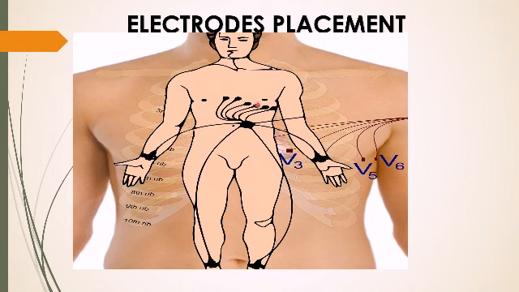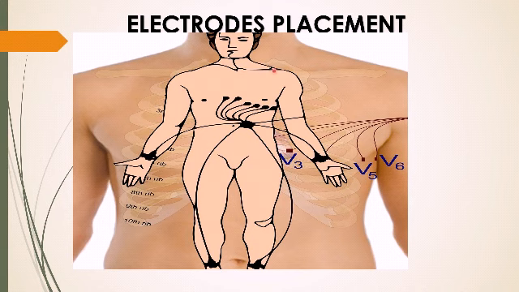C4 is at the 5th intercostal space. You see, here it was 4th, below here it is the 5th intercostal space. But at which level? We call it the mid-clavicular line.